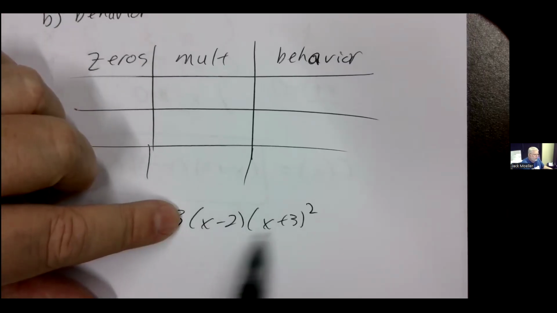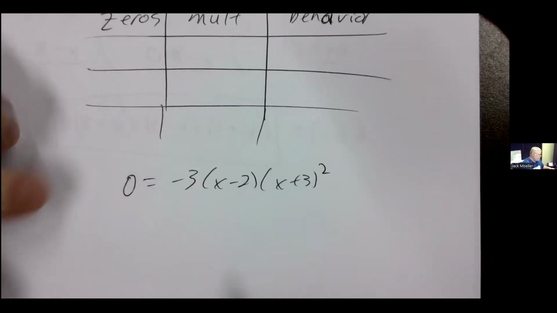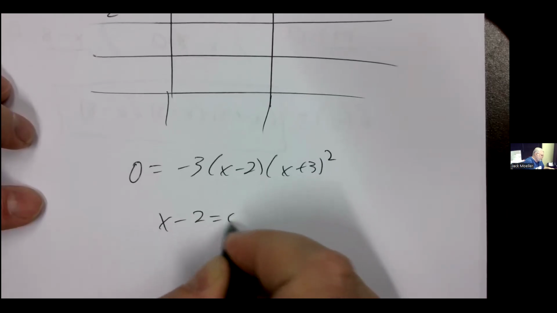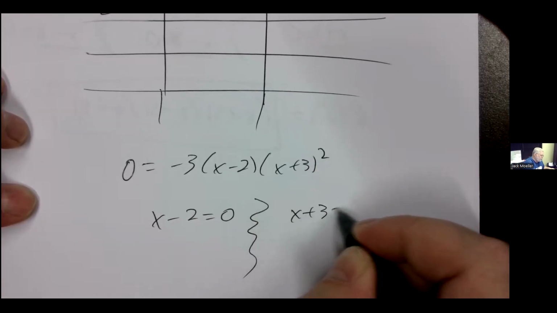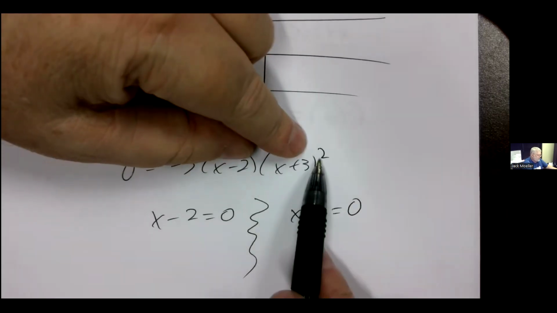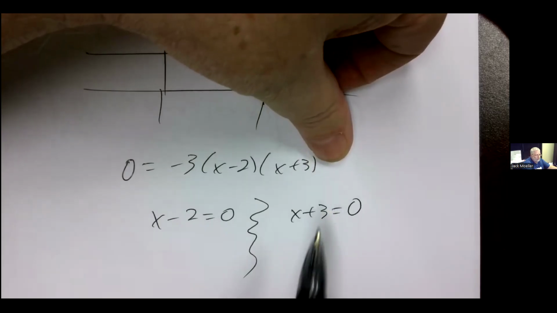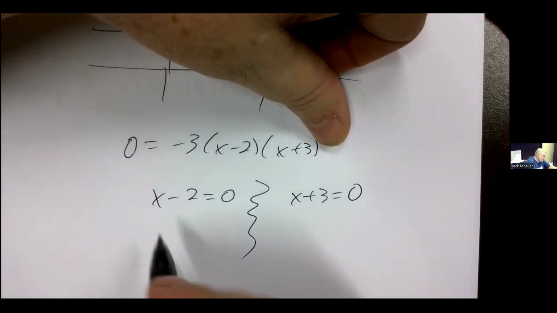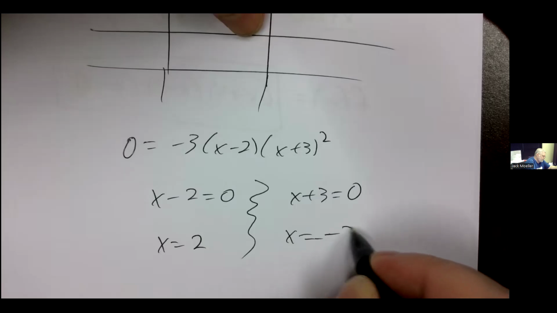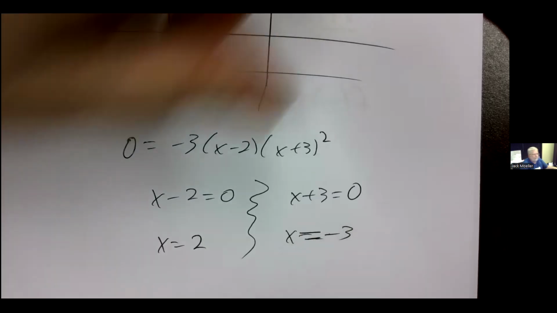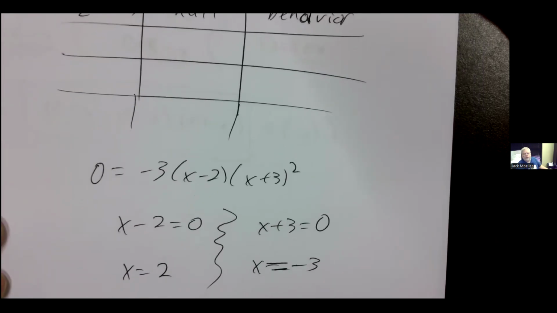We just need those two. And so what we do is x minus 2 equal to 0 over here. Now ignore the exponent for now because that's going to be part of the multiplicity. The 0 itself just comes from the factor. We get x equals 2 and x equals -3. So those are our zeros.